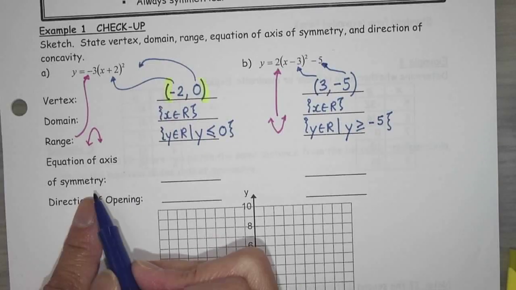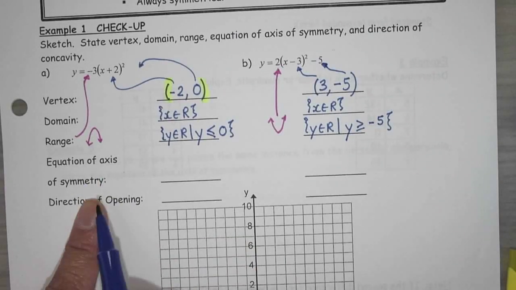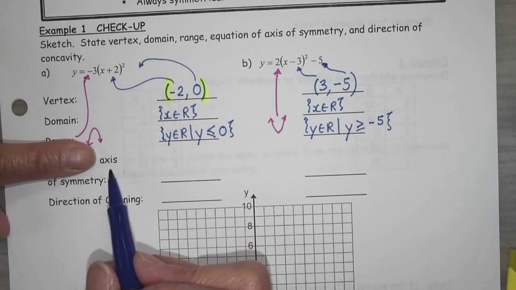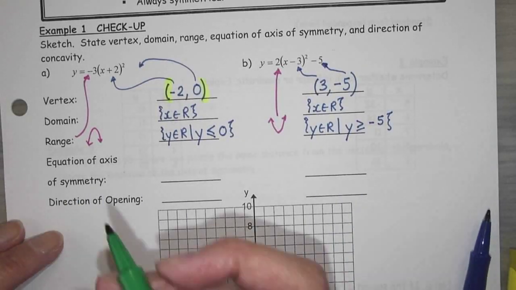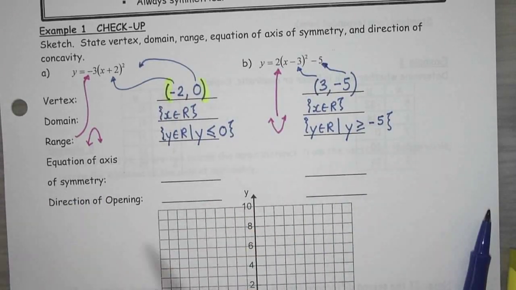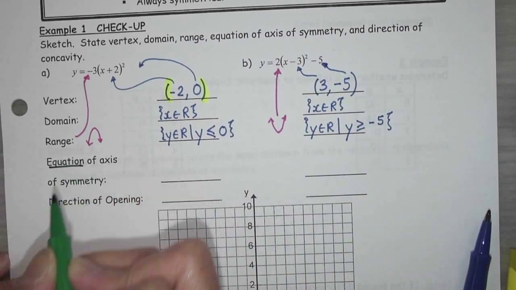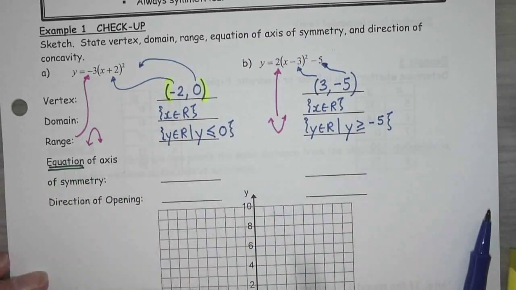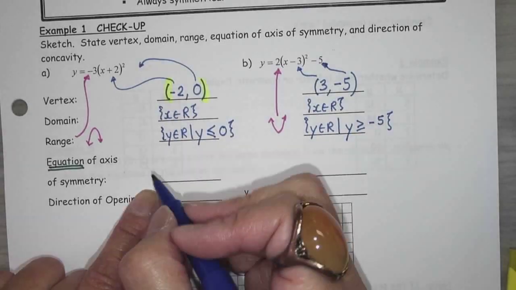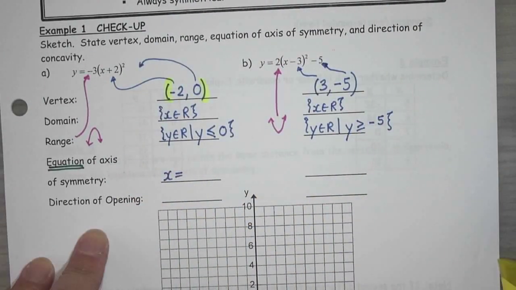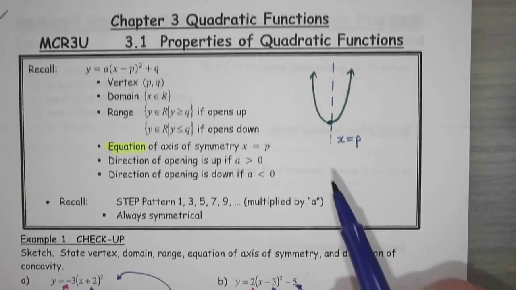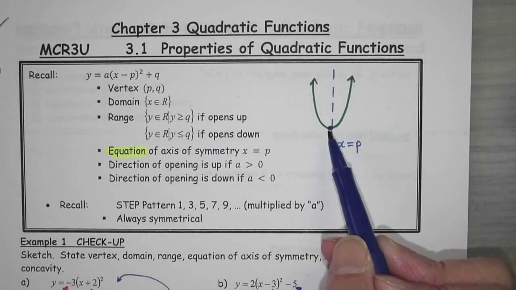Equation of your axis of symmetry. If I say axis of symmetry, I still want the equation. Whether or not I say it, you have to know that it's not just a number, it's always an equation. So this is going to be x equals, and it's always symmetrical at the vertex, wherever the x value of the vertex is.